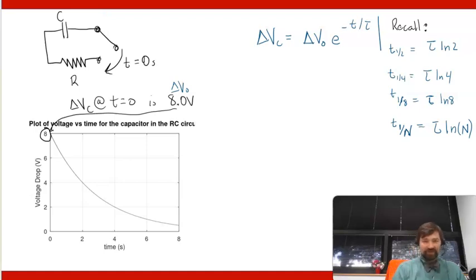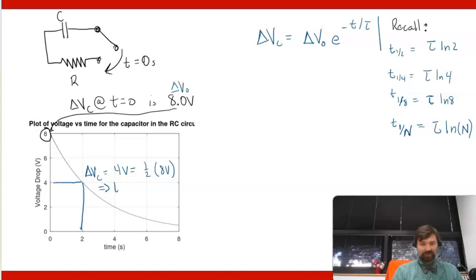Okay, so coming back over here to this graph, this right here would be my half-life point. Delta VC is 4 volts, which is 1/2 of 8 volts, and so T is the half-life value. So from that, I've been able to determine a half-life.